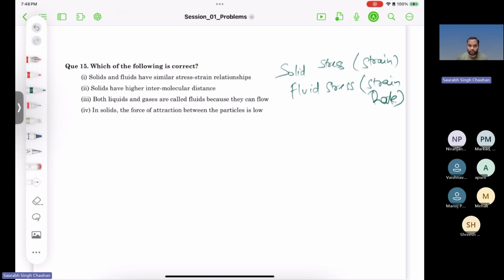Fluid is something which can flow. Fourth option says in solids, the force of attraction between particles is low. Again, this is not correct. In solids, the force of attraction between the particles is higher as compared to gases and liquids, both. So which option is correct? The third option is correct: both liquids and gases are called fluids because they can flow.